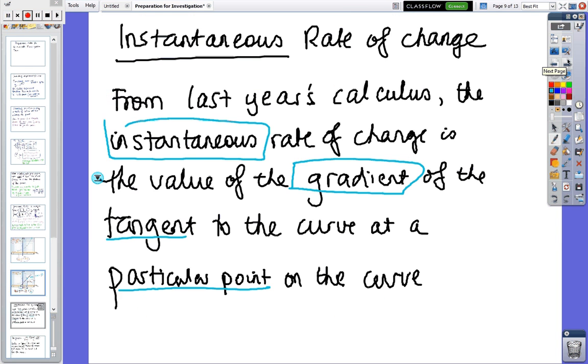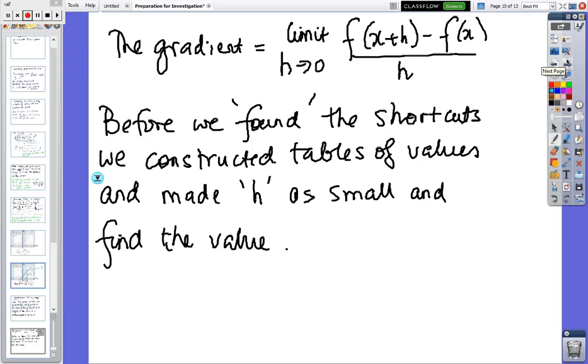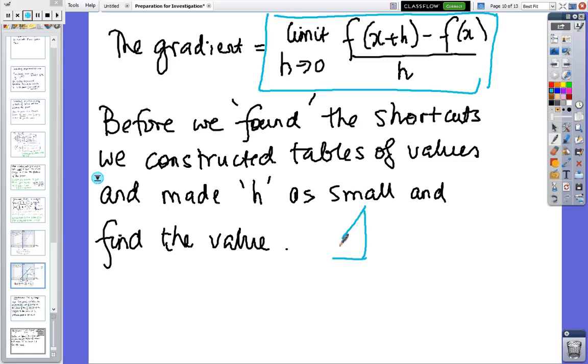So, the gradient by first principles, and we're not going to go back to first principles, but we need to use this definition. The value of the gradient is the limit as h approaches 0 of f(x plus h) minus f(x), over h. So what we've got is our x value, and then we've got x plus h, and we're trying to make this value of h, the difference along the bottom, as small as possible.